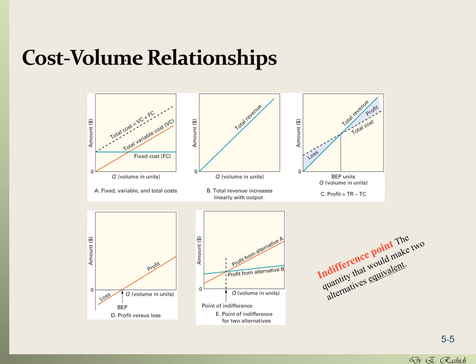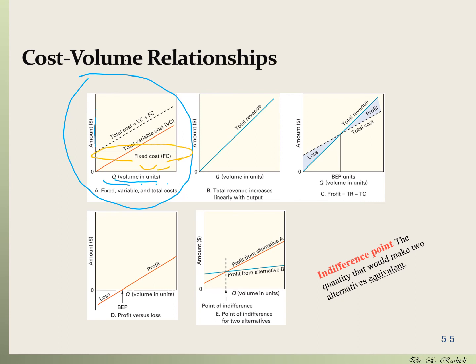The first chart that you see here on the upper left shows the quantity of production on the x-axis, and on the y-axis it shows the dollar value of cost. So we want to plot the total cost, which is going to be fixed cost and variable cost. The blue line here shows the fixed cost.